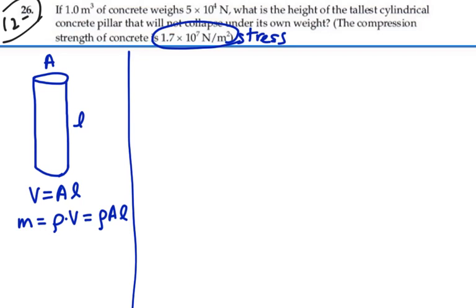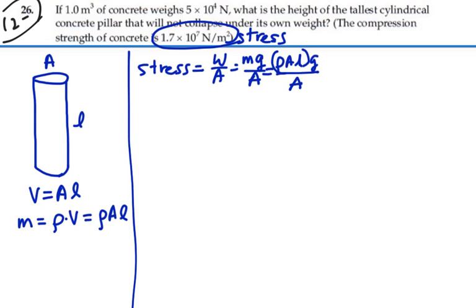So we could say that the stress is equal to the weight per area, which is equal to mg per area, which for the mass would be the rho times area times length times g over the area.